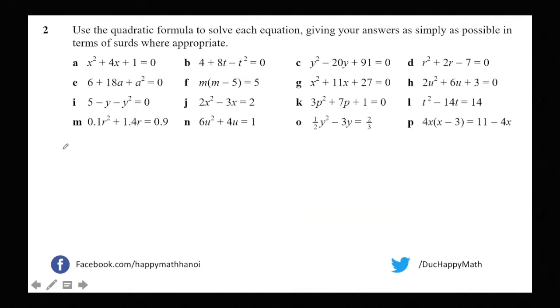Question F. This seems like f has another form of the quadratic equation. But when you look carefully, it is easy to transform the function f into a quadratic equation. For example, I will expand this first. Expand the bracket first and rearrange them.